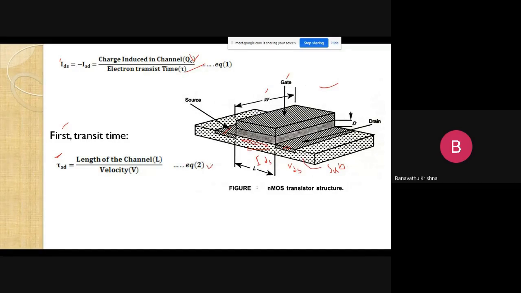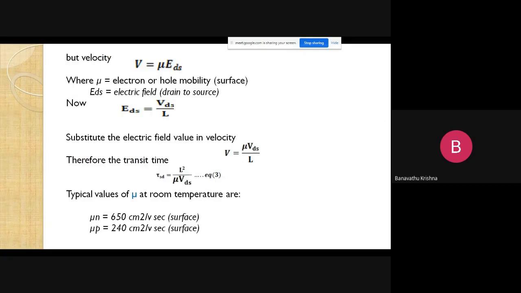This is equation number 2, and this is equation number 1. Keep these two equations in mind. Next, velocity: if there is a field, then the charge carriers move from one position to another with a certain amount of energy.